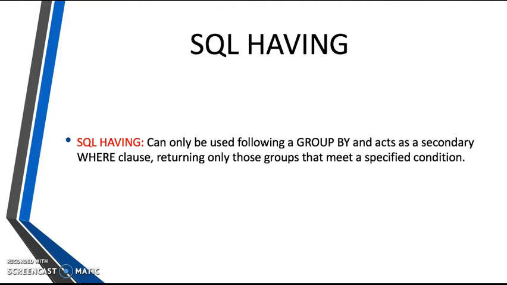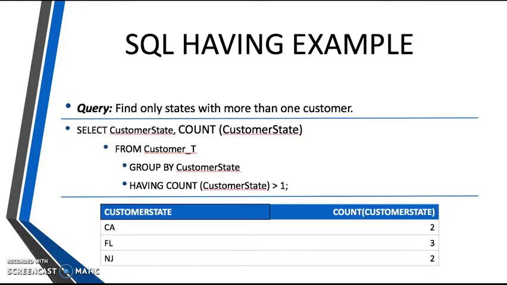Last, we have SQL having. SQL having can only be used following a group by and acts as a secondary where clause, returning only those groups that meet a specified condition. For example, the query states, find only states with more than one customer.